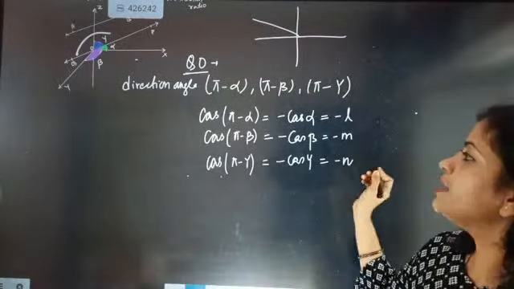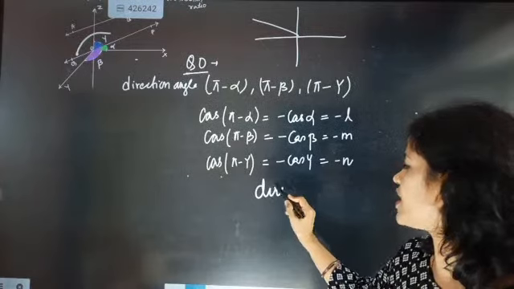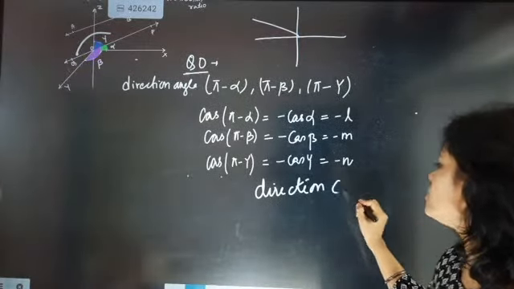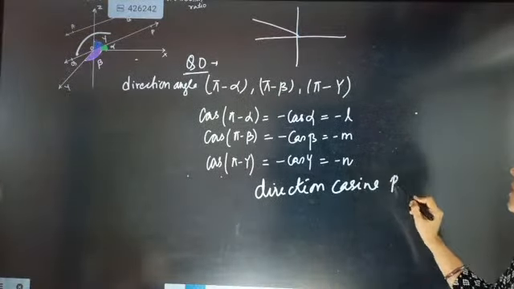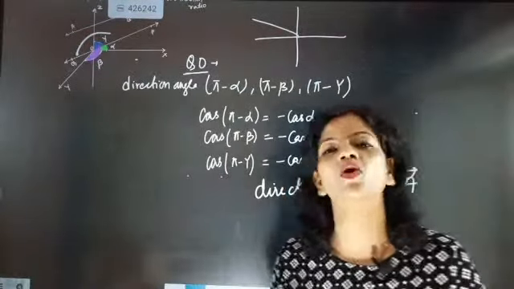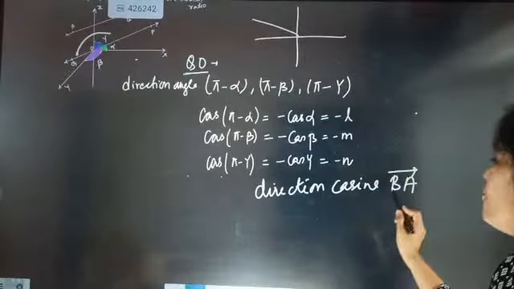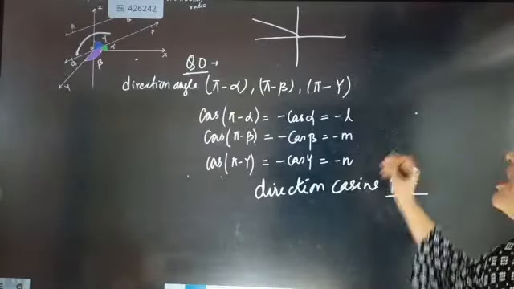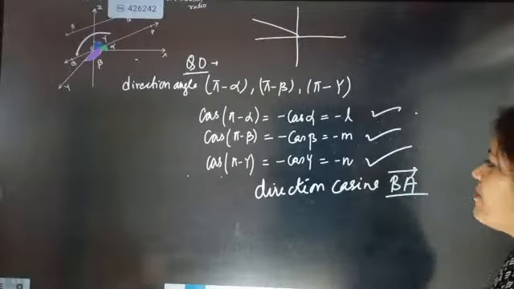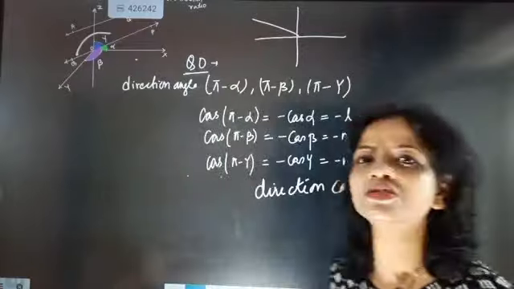So this is direction cosine of BA vector. Direction cosine of AB vector was cos alpha, cos beta, cos gamma. But direction cosine of BA vector will become just opposite: minus L, minus M and minus N. And we have taken PQ as the reference.